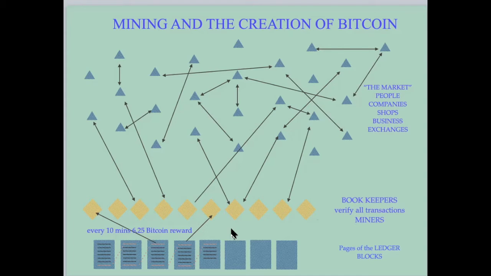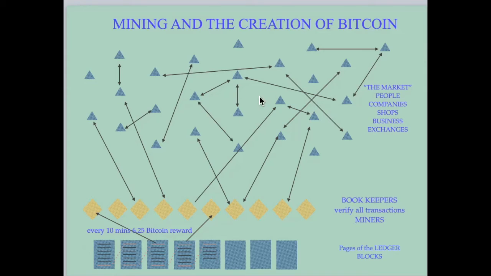So every 10 minutes, 6.25 Bitcoin is rewarded to the people doing all the work to secure and maintain the network and register all the transactions. Now, this is a sealed block of information of all these transactions that can never be altered, ever, completely immutable. The answer comes out, it's put into the next block.